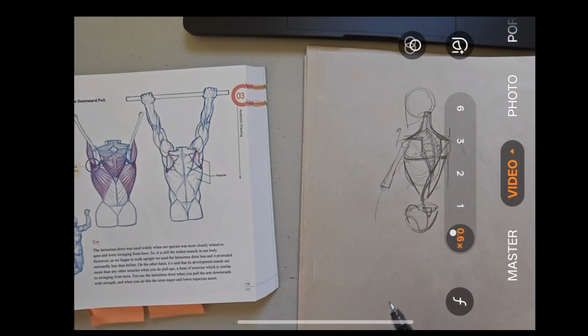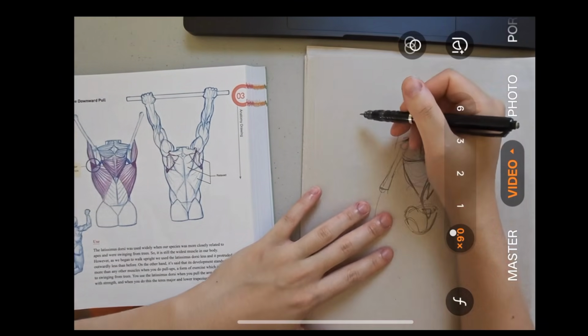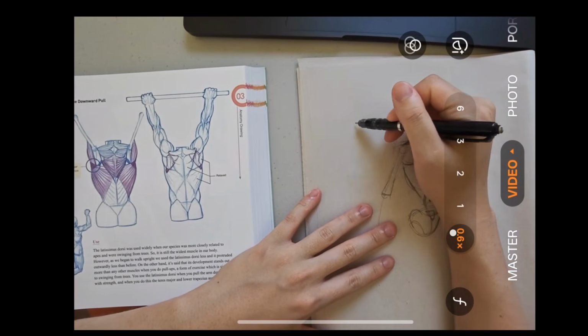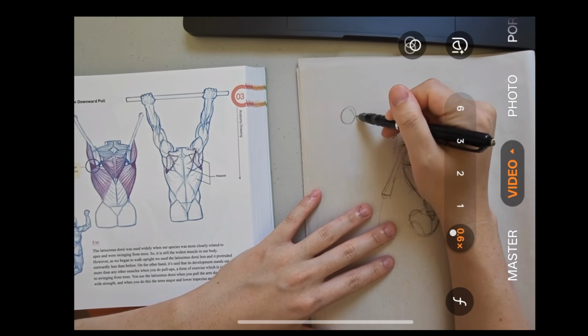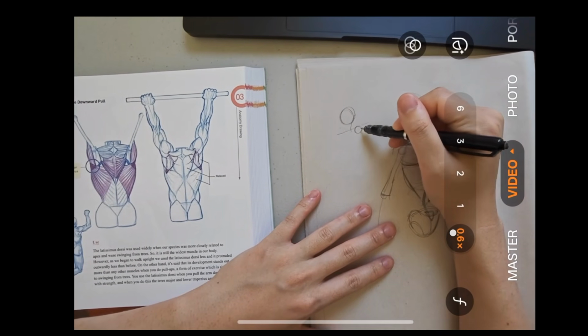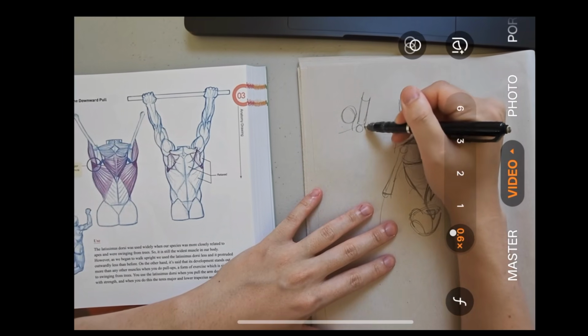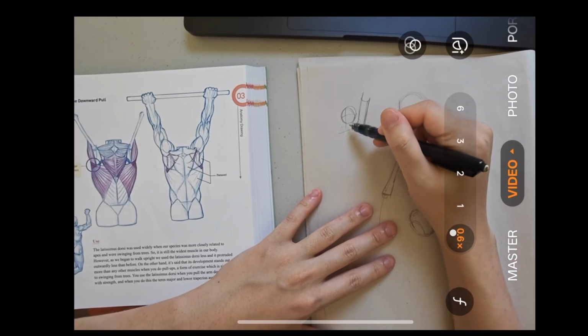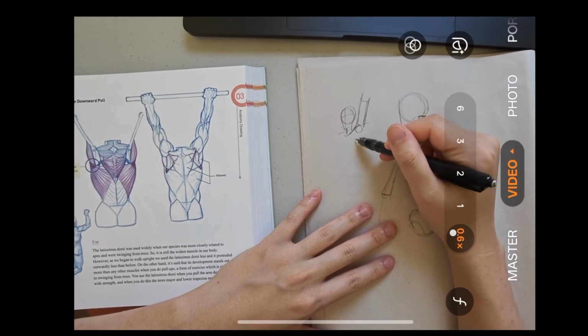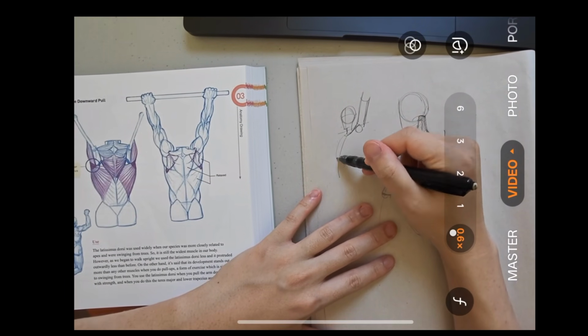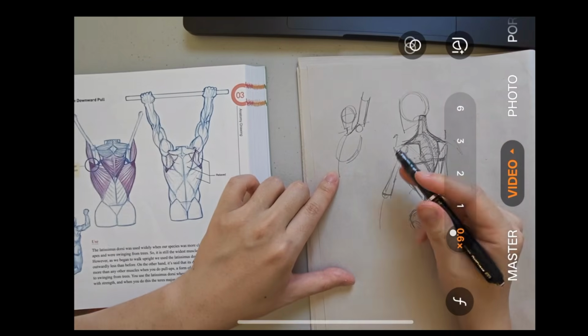Even though it's a back muscle, you actually see it a lot more prominently from a front view, at least where people draw it. Say you have the arm up like so. This is the front of the face, and you have the arm up, and you have this rib cage like this.